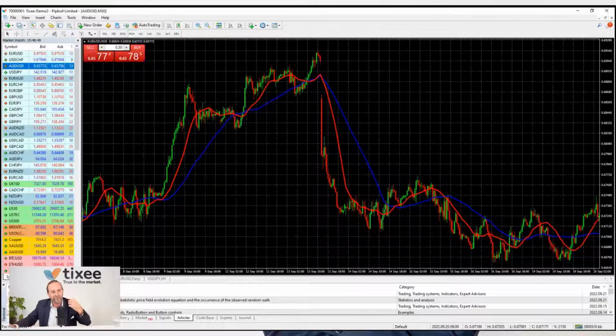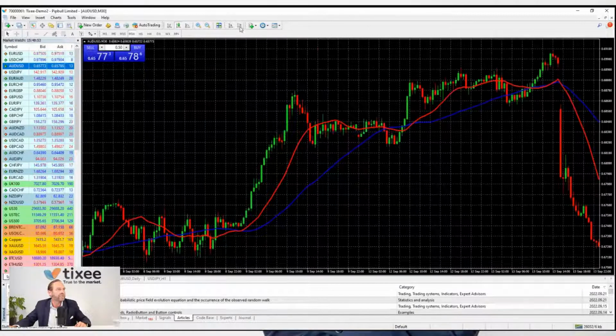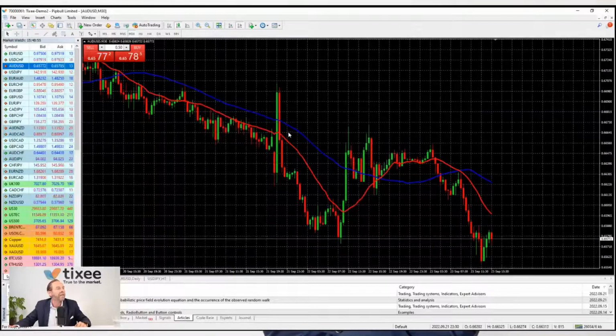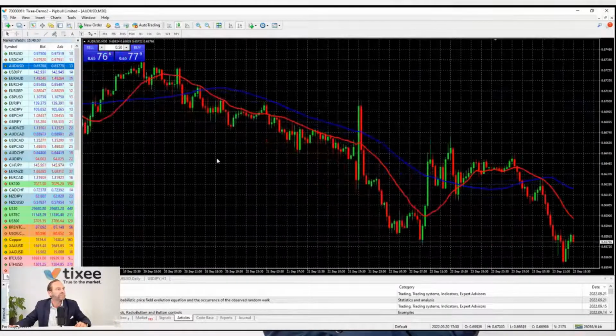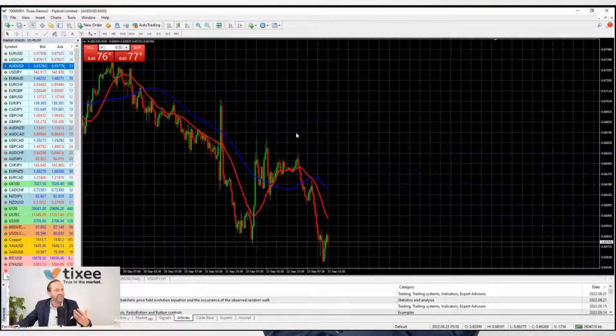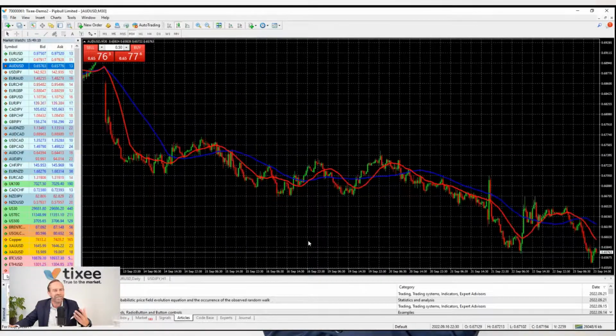If we look at this little segment here, if I move in a bit closer, look, it has surpassed. The market started to drop and then it dropped. So it doesn't give you the information ahead of time. Sometimes it can be lagging, and at the same time, it doesn't indicate how long the move will last.